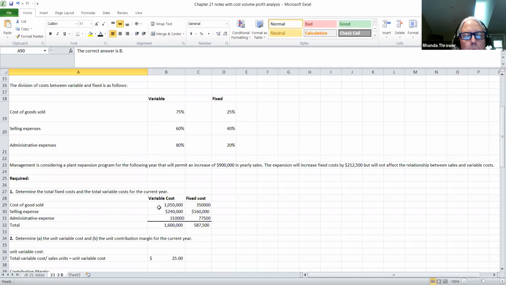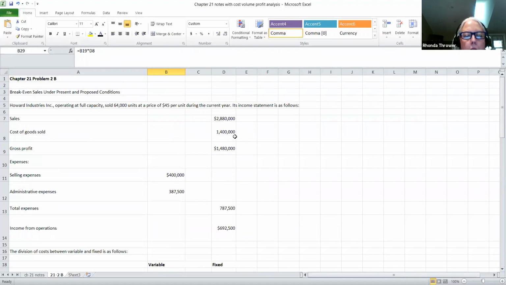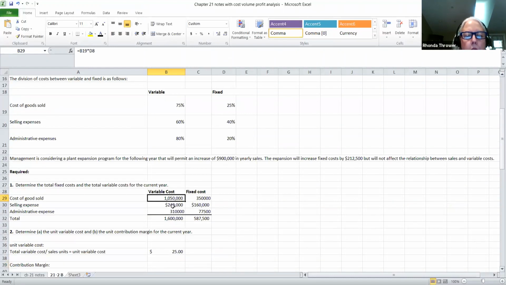Now, to determine the variable cost, I had to multiply 75% by the cost of goods sold figure of 1,400,000. If you multiply 75% by 1,400,000, it will give you total variable cost of goods sold of 1,050,000.